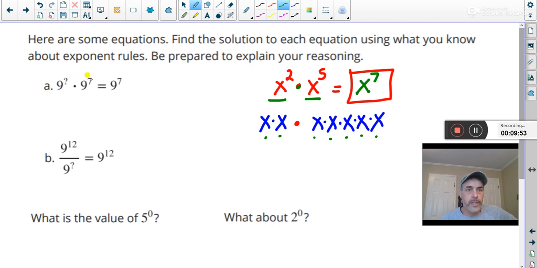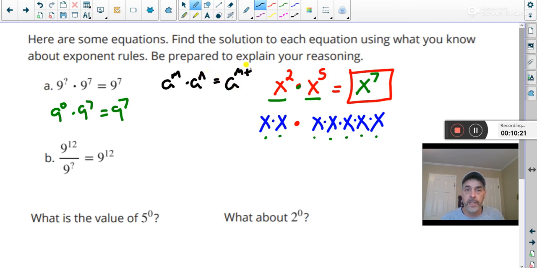So something plus 7 equals 7. What I'm looking for is that number, and I think that number is going to be 0. 9 to the 0 power times 9 to the 7th power equals 9 to the 7th power. So how do we explain the reasoning? We can explain the reasoning through the general rule of multiplying exponents with the same bases: a to the mth times a to the nth equals a to the m plus n.